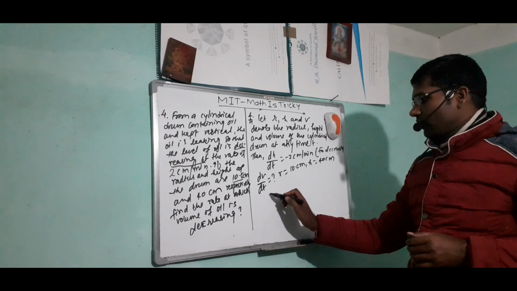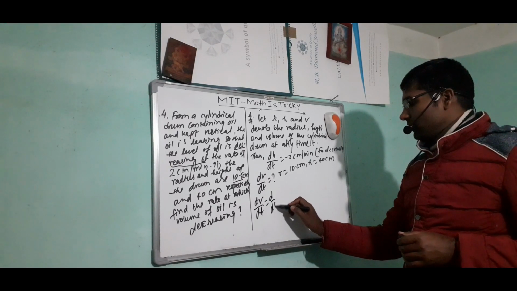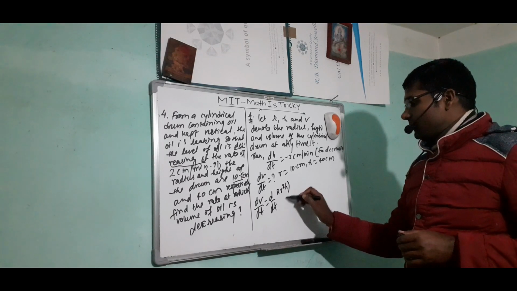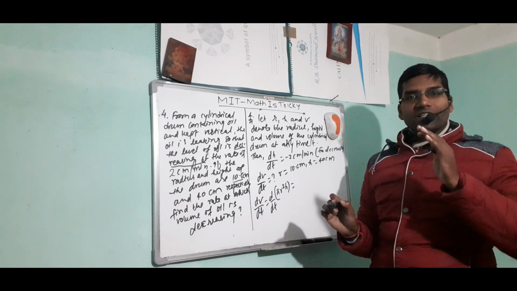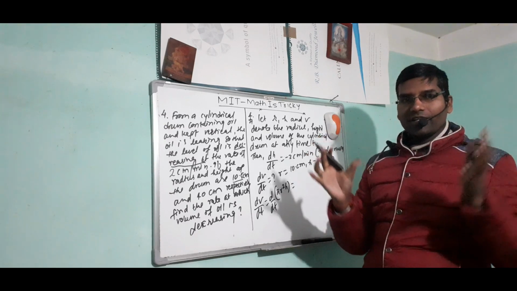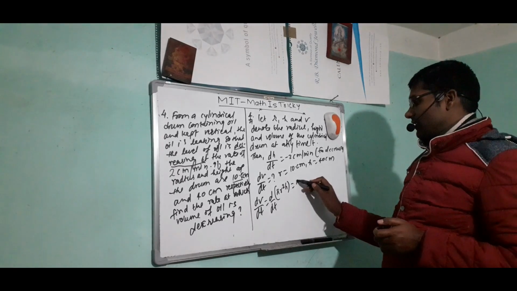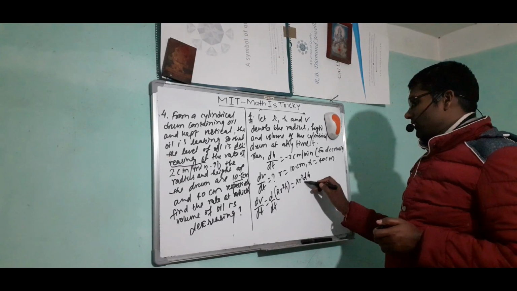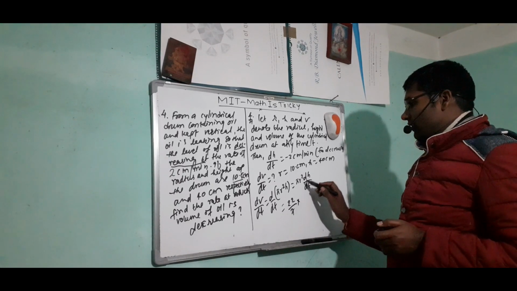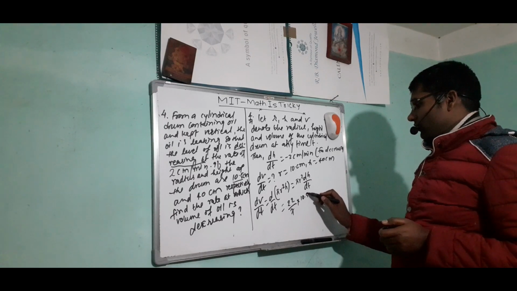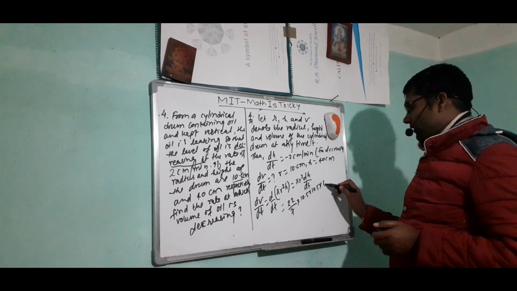Okay, so the formula is, we know that dv by dt equals d by dt of pi r square h. Now in the case of a cylinder, with respect to time, only height and volume will be changing, so r and pi will be constant, so it is simply pi r square dh by dt, which gives pi as 22 by 7, r square as 10.5 into 10.5, into dh by dt which is minus 2.